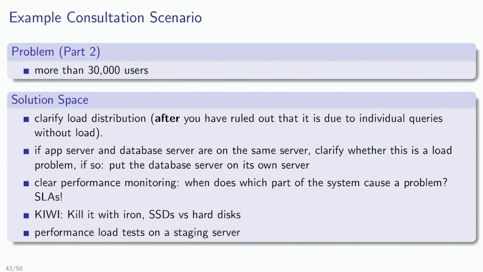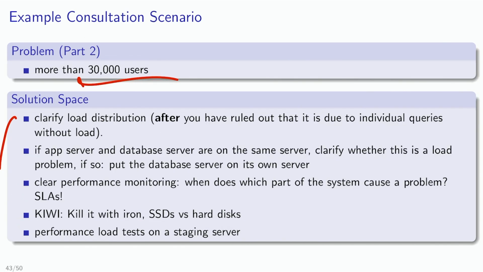It had more than 30,000 users at the time. And in the solution space, there are many things you can do actually. Load distribution could be clarified after having ruled out that it's not the individual queries. You can split up the application server and the database. It's a common design thing. No one forces you to run Django and the database on the same server. You can split that up, which could already help.